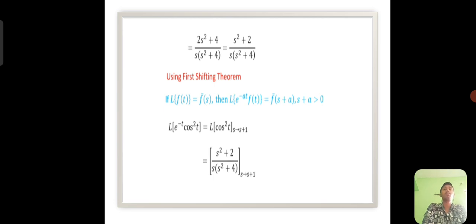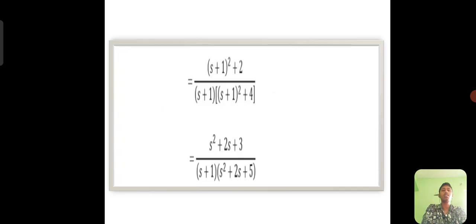For L{e^(-t) cos² t}, in the presence of e^(-t), it is negative, so s becomes s + 1. Substituting in the equation, we get the overall result ((s + 1)² + 2)/((s + 1)((s + 1)² + 4)), which is (s² + 2s + 3)/((s + 1)(s² + 2s + 5)).